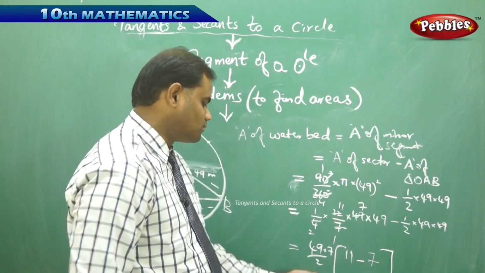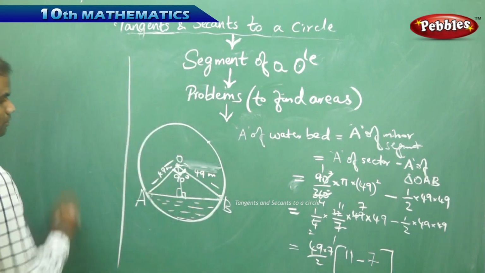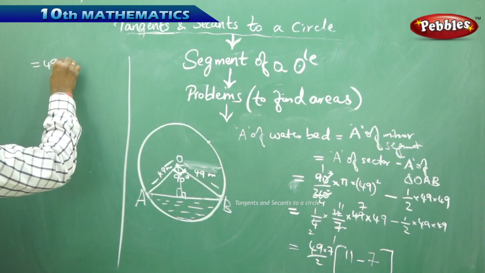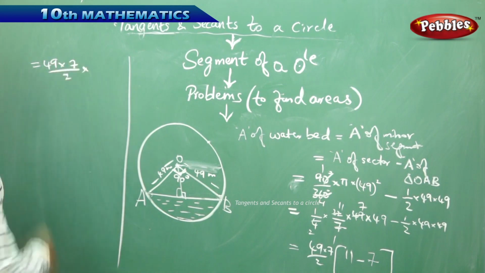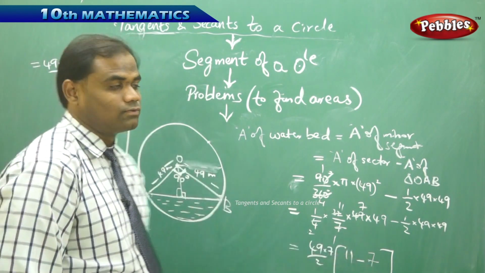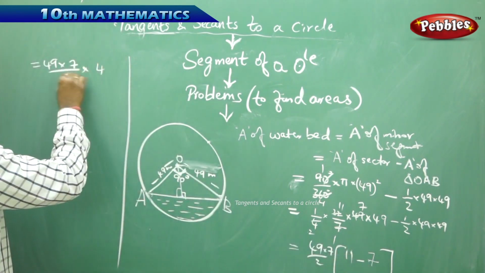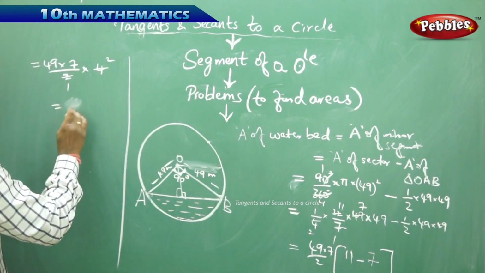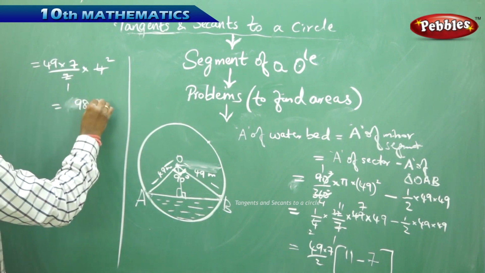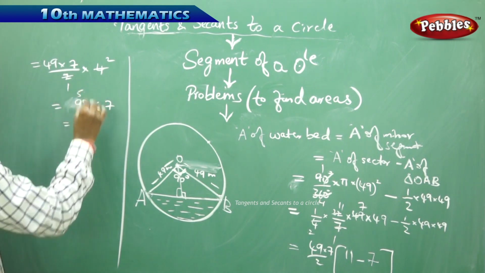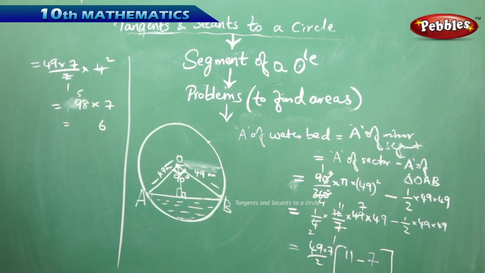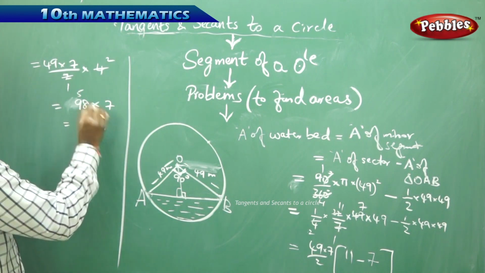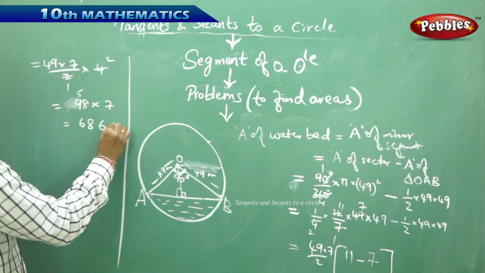Simplifying this further, I get 49 times 7 over 2 times 11 minus 7, which is 4. Therefore, on cancellation this gives 49 times 2, which is 98 times 7, 7 8s 56, 7 9 63 plus 5, which is 686 meter square.